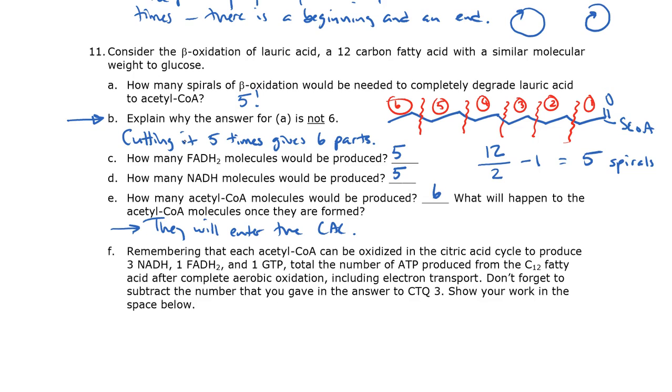So now we're ready for part F. So, remembering that each acetyl-CoA can be oxidized in the citric acid cycle to give you 3 NADH, 1 FADH2, and 1 GTP. Right? That's good to remember. What you're going to do is do the accounting.